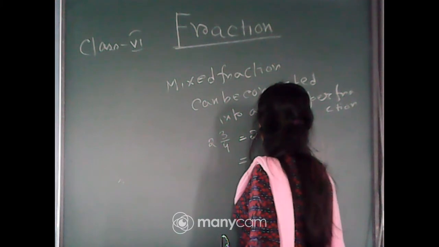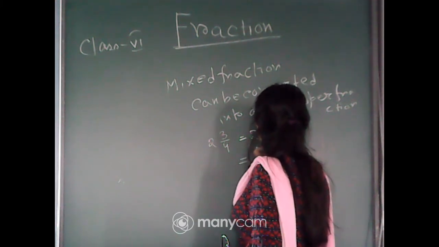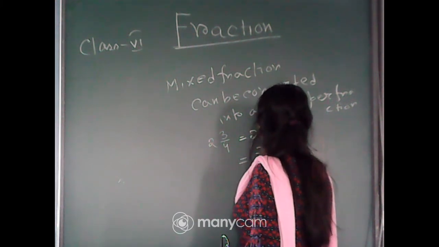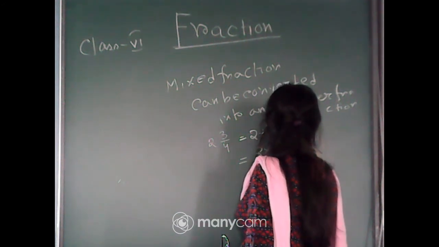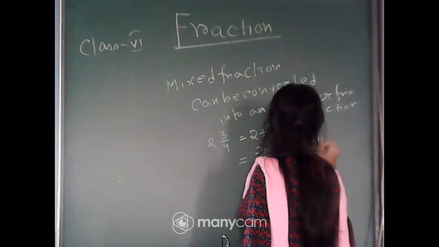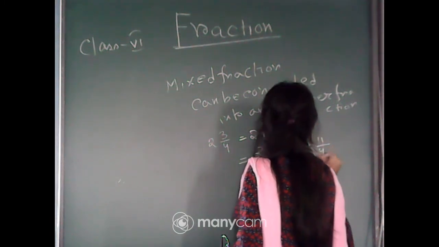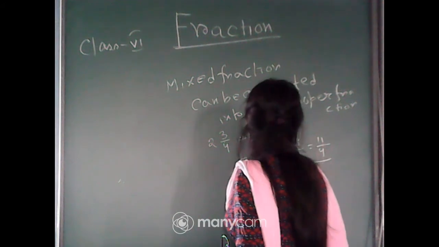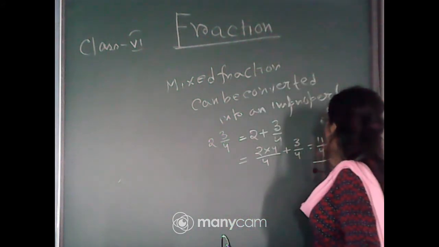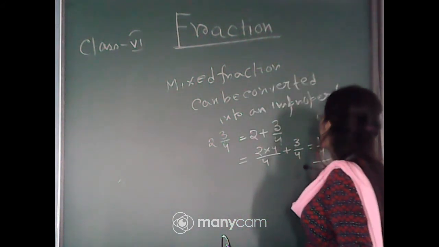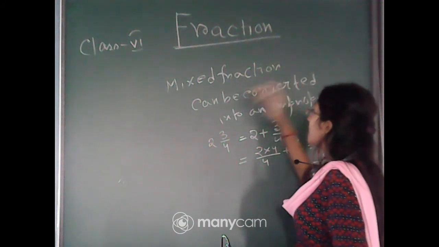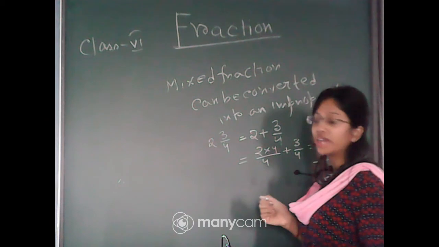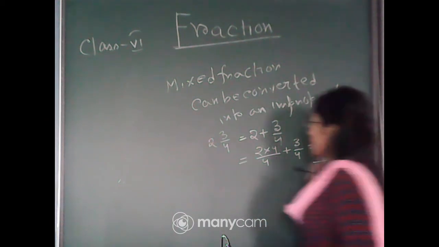Then we write it as 2 times 4/4 plus 3/4, that is equal to 11/4, and this is an improper fraction since the numerator is greater than the denominator.